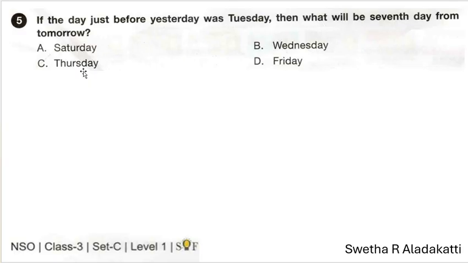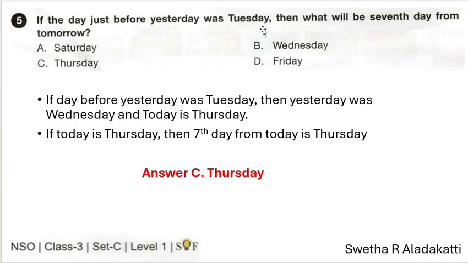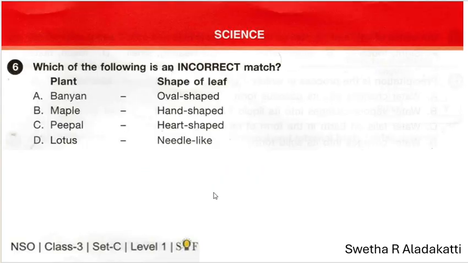Saturday, Wednesday, Thursday or Friday? Let's see. If the day before yesterday was Tuesday, then yesterday will be Wednesday and today will be Thursday, right? So if we count 7 days from today, Thursday will again be Thursday. So answer is option C, Thursday.